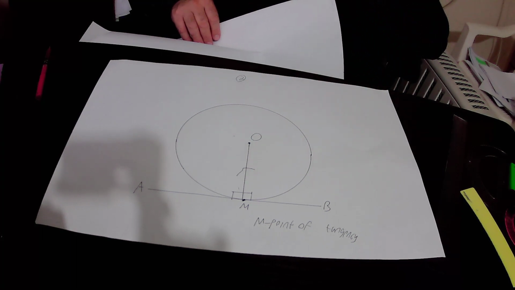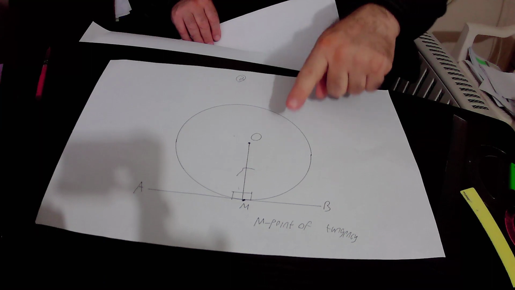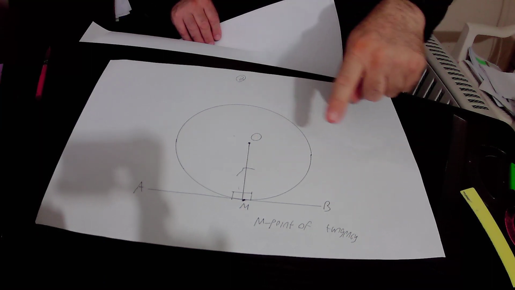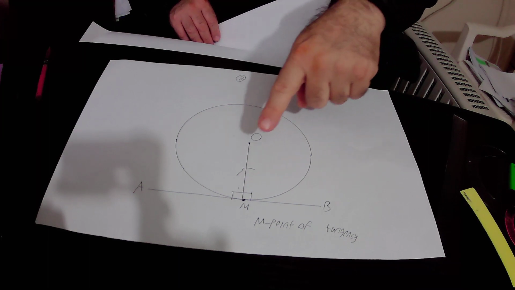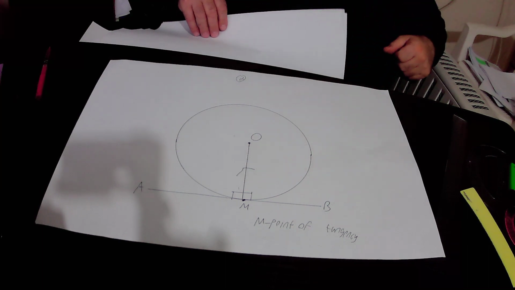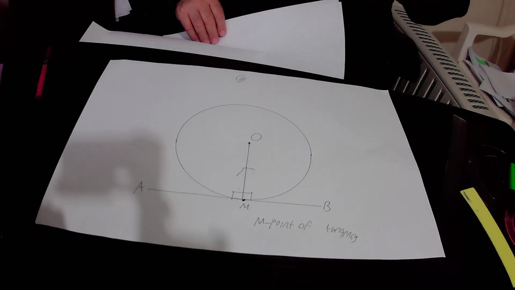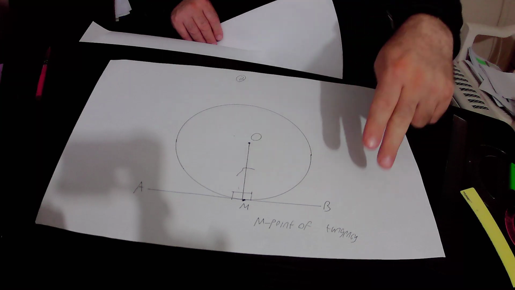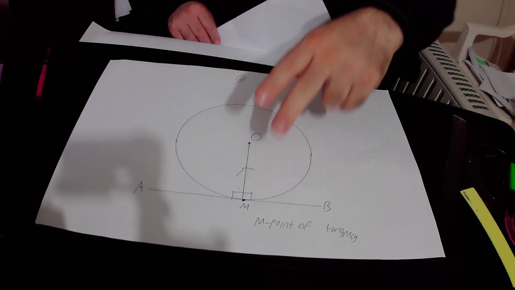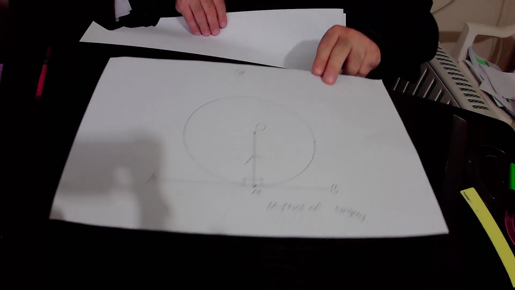Therefore, according to rule number 1, this radius will be perpendicular to the tangent, or the tangent will be perpendicular to the radius, that is to say this angle will be equal to 90 degrees and this angle will also be equal to 90 degrees. So whenever you have a radius drawn to the point of tangency, the tangent will be perpendicular to that radius. And we actually implemented this rule in our drawing.